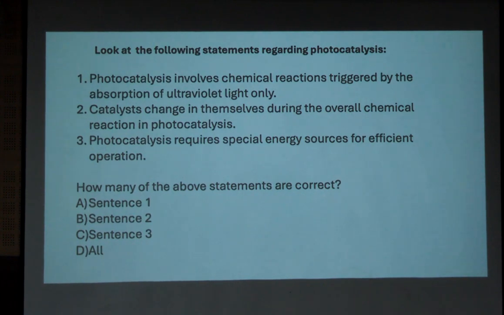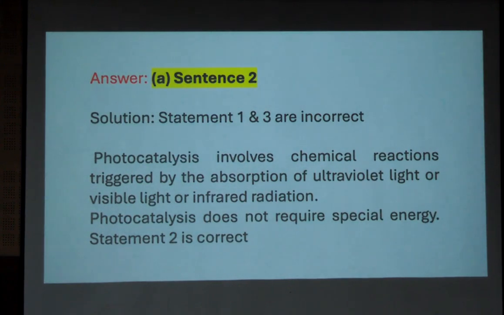The question is very tricky. All answers are wrong. We are talking about the sun, light energy.